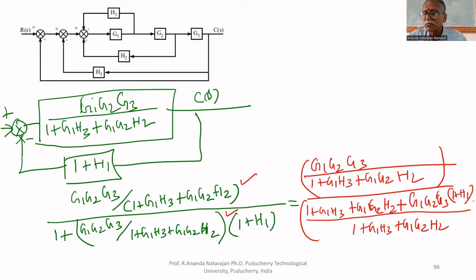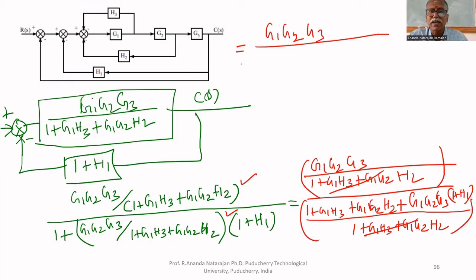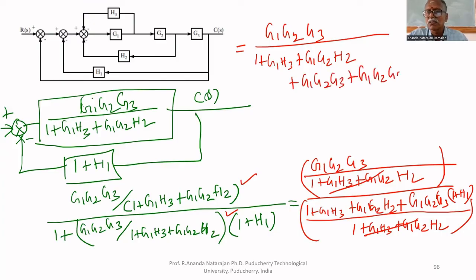This is denominator. This and this get cancelled. Therefore, the numerator becomes G1, G2, G3 whole divided by 1 plus G1 H3 plus G1 G2 H2 plus G1 G2 G3 plus G1 G2 G3 H1. That's all. This is the final transfer function.